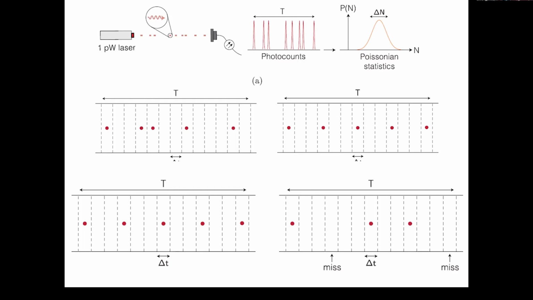So if you look at this scheme in which you have coherent light, one way of looking at the photons is by how far apart they are in the beam. Suppose you have this weak light source, highly attenuated, and you break up the beam into these small chunks.